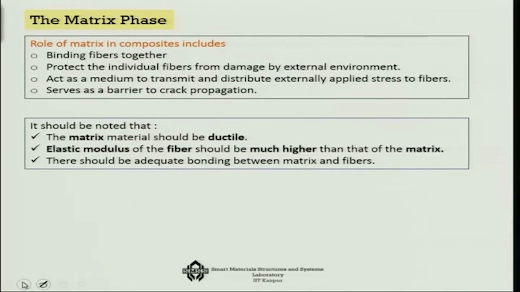Now what is the role of the matrix phase? First thing, with the fiber alone you cannot develop a structure, so you need something to develop the structural integrity. So the matrix works for binding the fibers together.